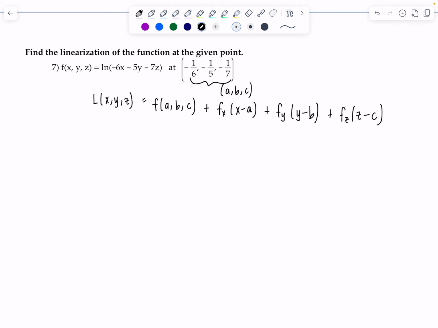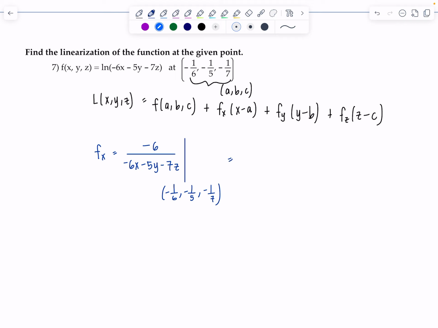Yes, let's do it. Oh, it's ln of some stuff. That's not so bad. So partial with respect to x is going to be 1 over everything that's inside those parentheses. And then by the chain rule, we're taking the derivative with respect to x, so I have to multiply by -6. And then let me evaluate it at the point that was given, -1/6, -1/5, -1/7.